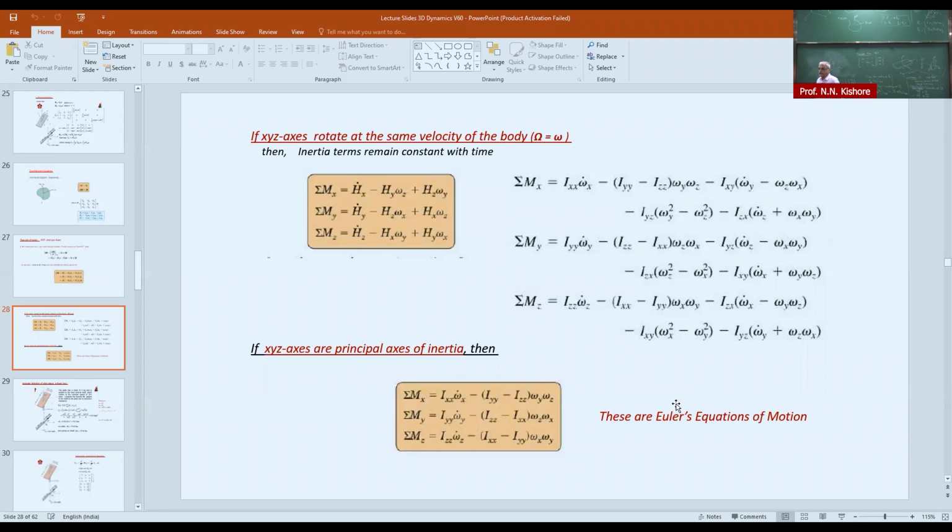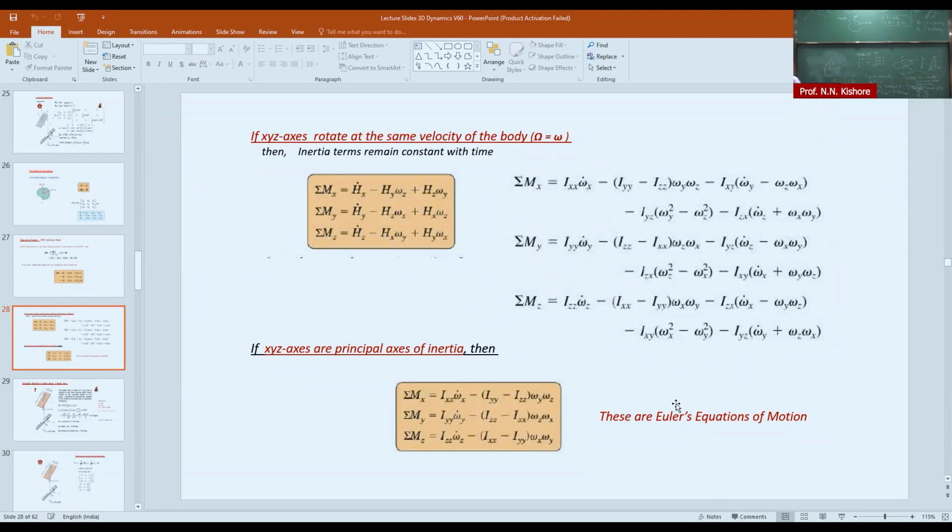So which terms are going to be non-zero for us? If you look at the input that's given here, omega x is 0, omega y is 0, only omega z is there. So if you look at this one, there are so many cross product terms, and the only term that remains non-zero is the one with omega z square.